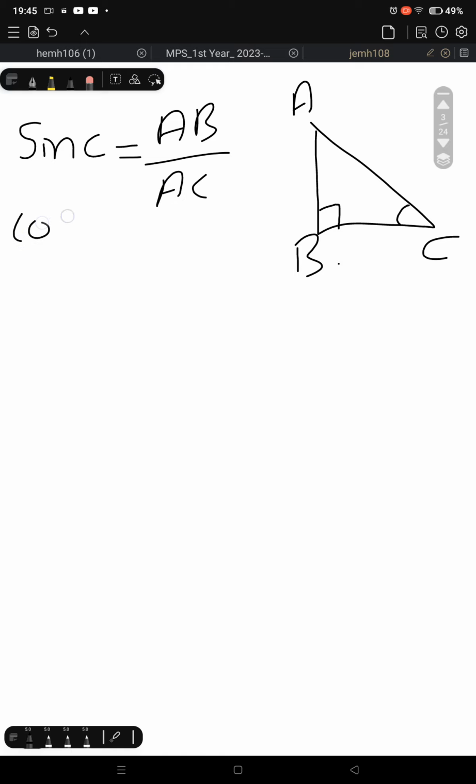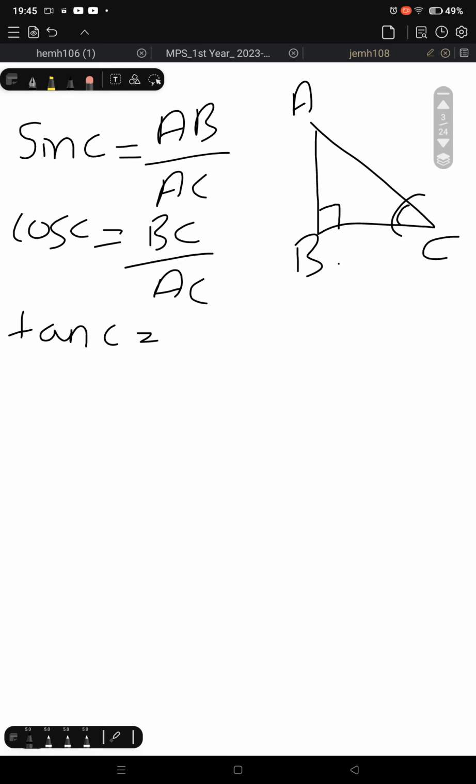Cos C is adjacent divided by hypotenuse, so adjacent is BC divided by AC. Tan C is opposite divided by adjacent, so AB divided by BC.